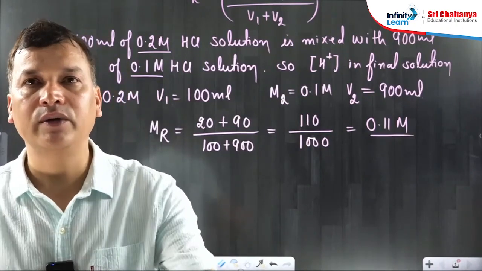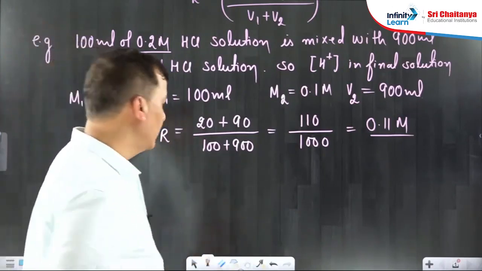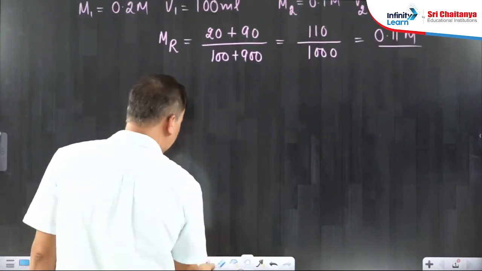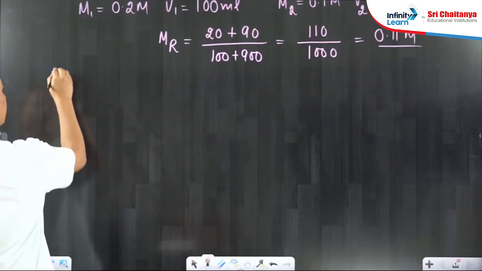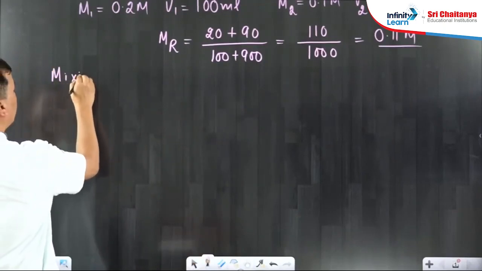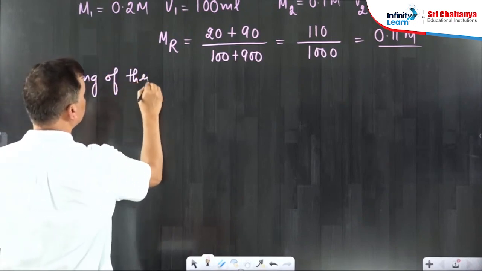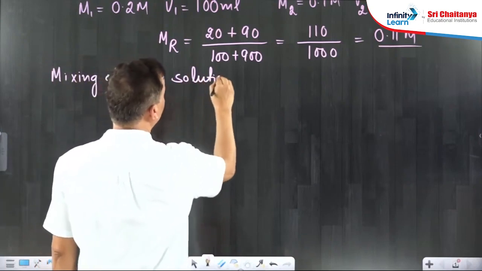Here, how many solutions have we mixed? We have mixed two solutions. Now I am taking a case where there is a mixing of three solutions. Then what will we write?